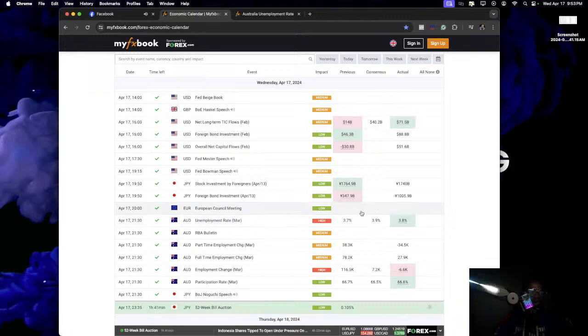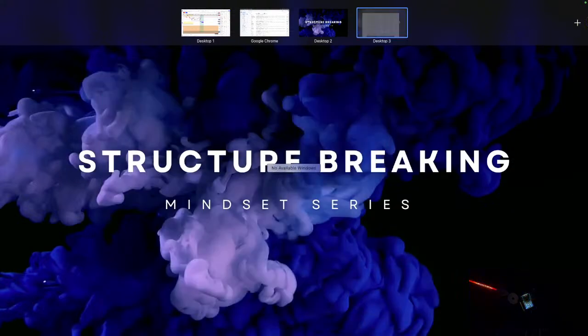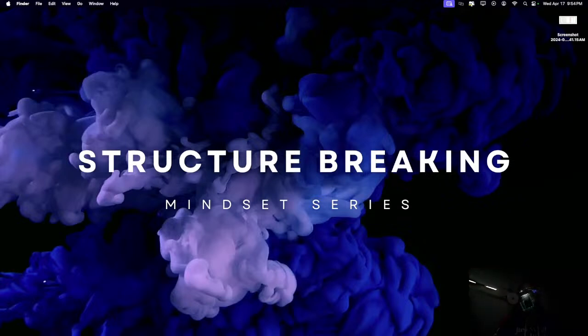So this thing was worse than expected. What I've noticed is when you have two areas of high volatility news like this, and one says better than expected, the other says worse than expected, normally you'll see a quick impulse shooting in one direction, and then it'll go the opposite way.